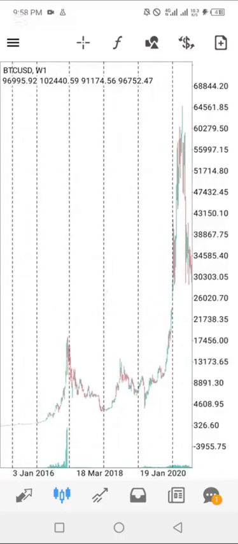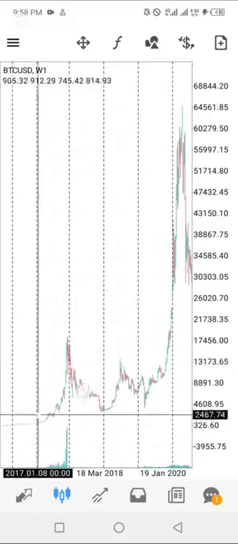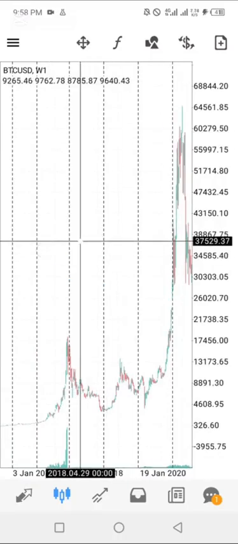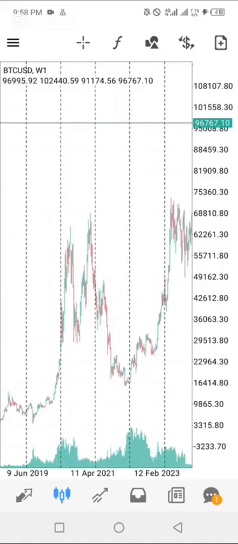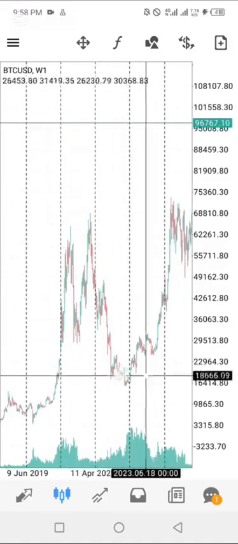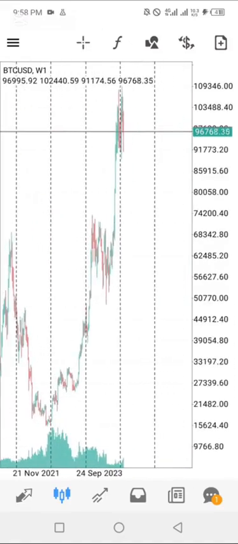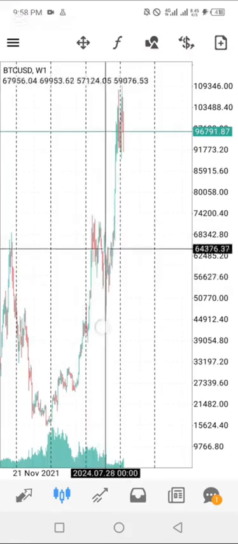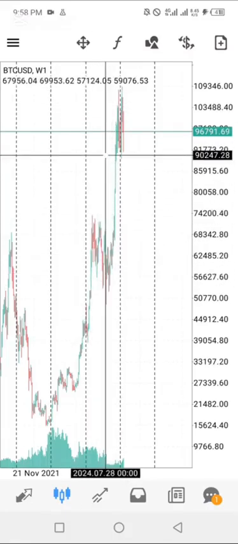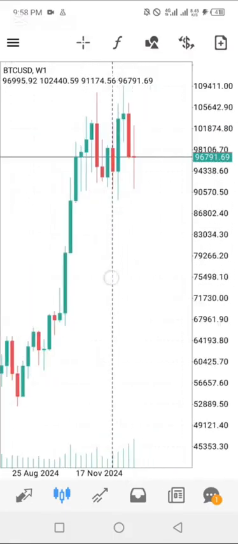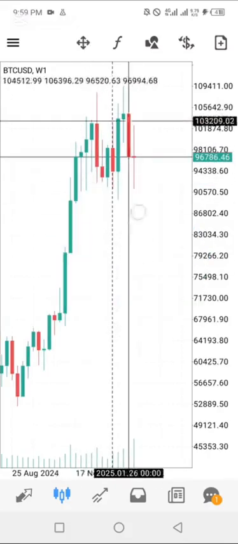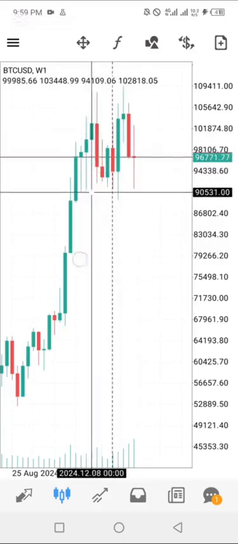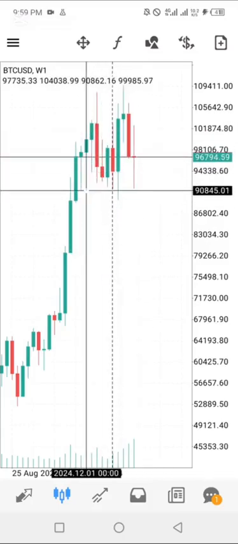You can see 1, 2, 3, 4, 5. Then we have ABC. We have 1 up again, and we have 2, which is where we are right now. We are in the second move of another cycle. So after 2, what comes is 3.